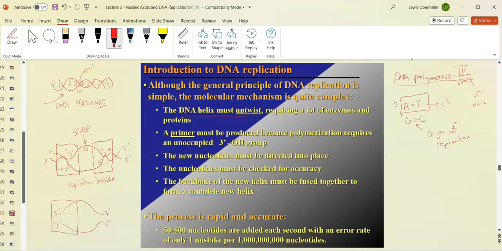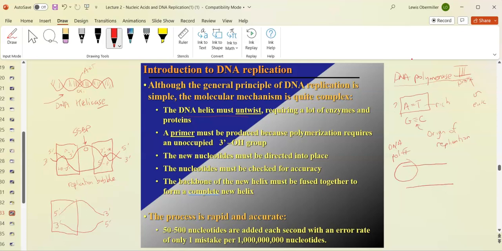Once this is open, single-stranded binding proteins keep it apart, and the next thing that has to happen is this polymerase has to go onto the DNA. But the problem is that in biology, shape is critical. The shape of DNA pol 3 only fits on double-stranded DNA.